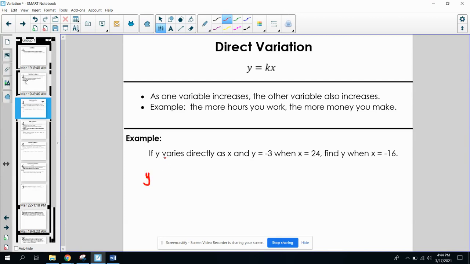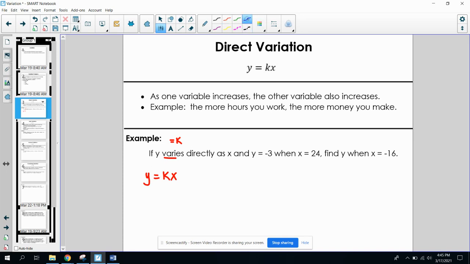And every time that we see the word varies in any of these problems, varies is going to be equals k. So y varies, so equals k, directly as x. When it's directly, we know that it's being multiplied to the k, so we'll put the x here. So here is our basic equation.